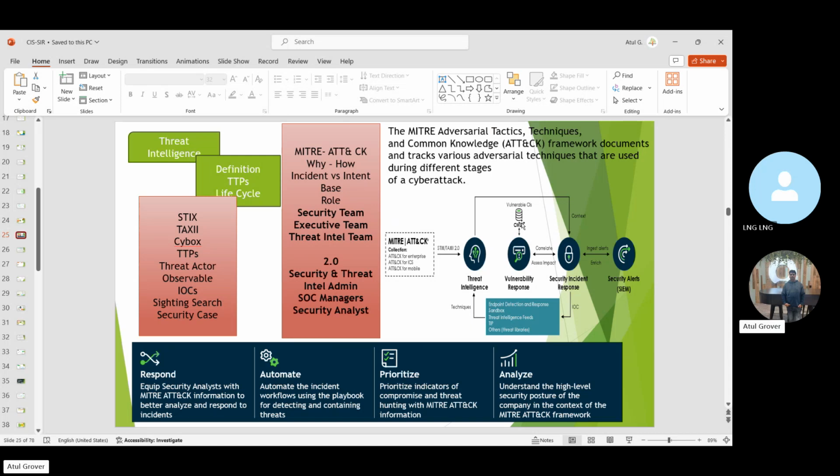In simple meaning, in short, ATT&CK will help me to reduce or resolve my incident, to find things quickly at the early stages, and then take action in a quick manner.